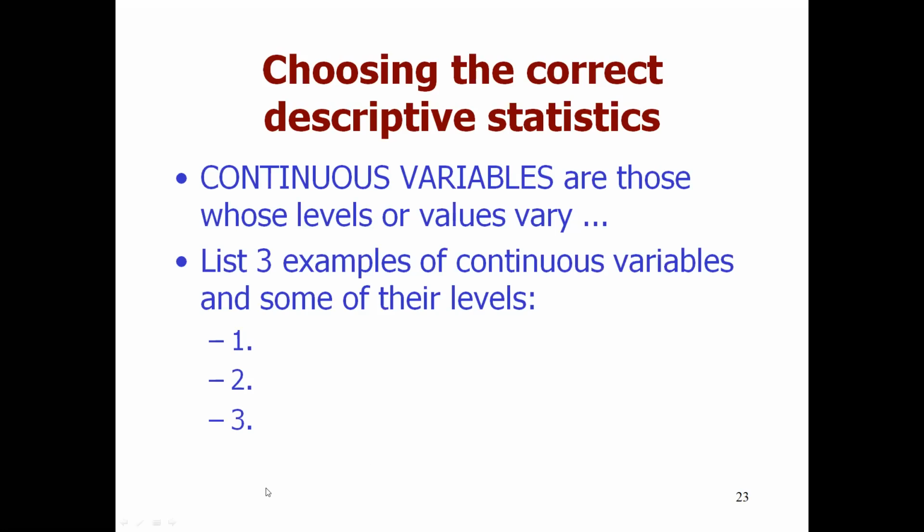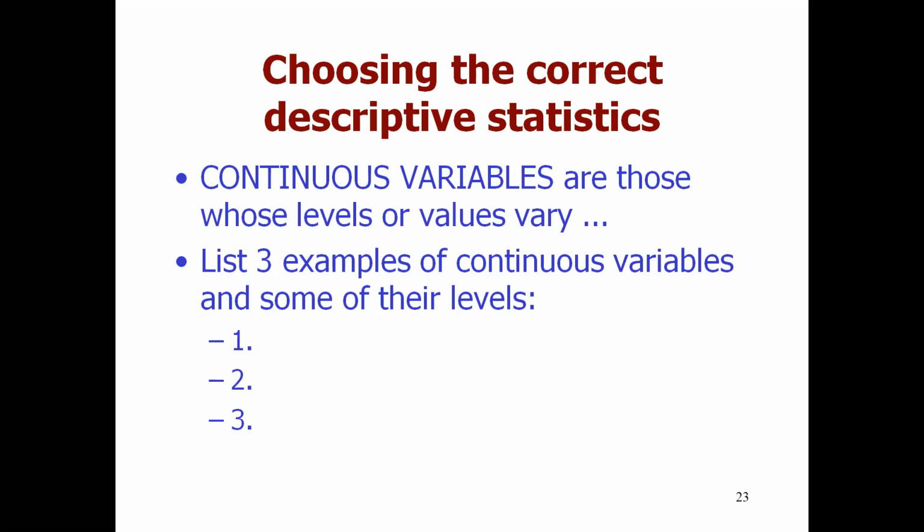All right. So again, I'm asking you to think of three examples that would represent a continuous variable. And I'm saying some of the levels. IQ test, yes, perfect, which obviously ranges from 0 to infinite. But these are numbers, so we can do mean and mode and standard deviation, stuff like that.